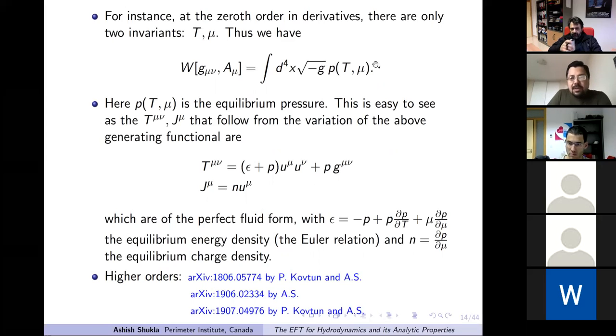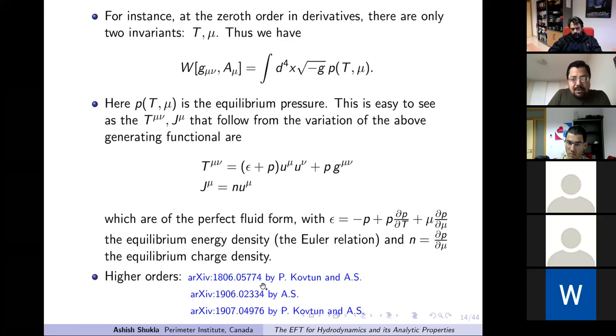Now, of course, one can go beyond this equilibrium approximation and start including derivative corrections in the generating functional in the presence of sources. Then when you vary it with respect to the sources, we get corrections to the stress tensor and the current. Since investigating equilibrium properties is not going to be the focus of this talk, I'm going to stop here as far as defining equilibrium and its properties are concerned.